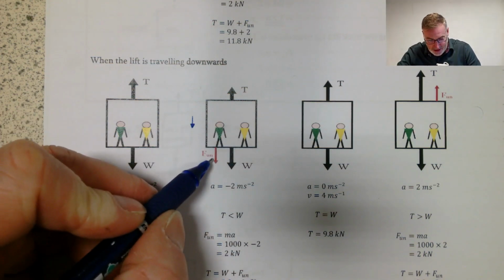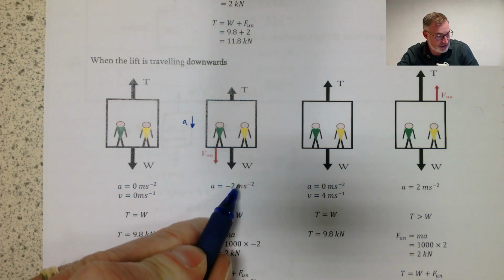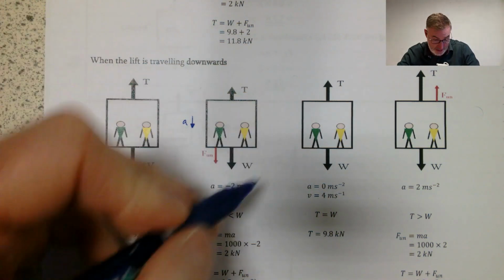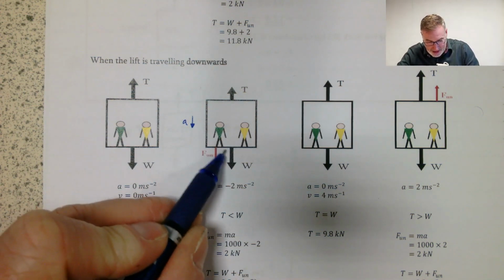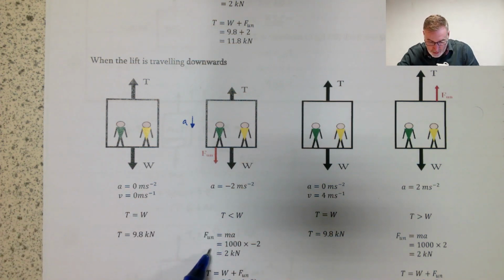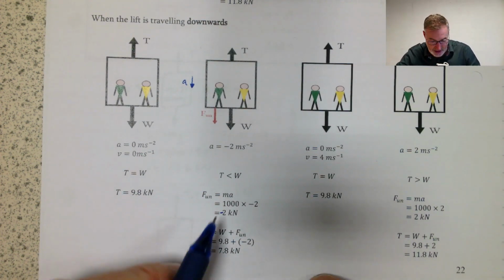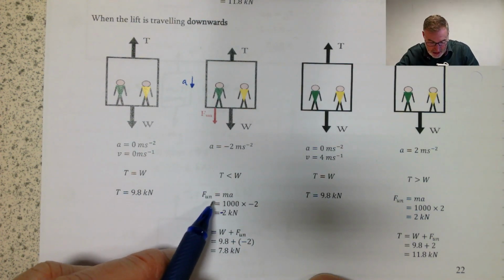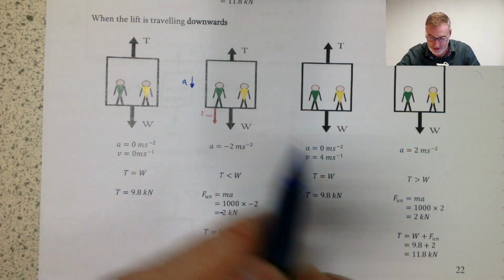As it accelerates downwards, we're going to have an acceleration of minus 2 meters per second squared in this example here. That unbalanced force, therefore, must be going down. We work out what the unbalanced force is. In this case, it is 2 kilonewtons. Well, technically, we should have minus 2 kilonewtons there. And then we work out the tension is going to be 2 kilonewtons less than the weight, which will give us 7.8 kilonewtons in this example here.